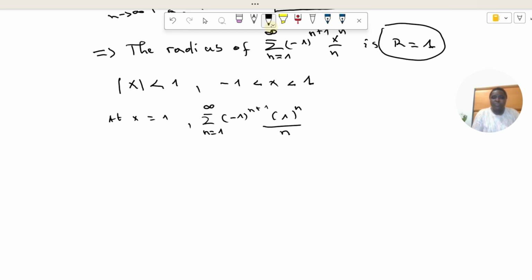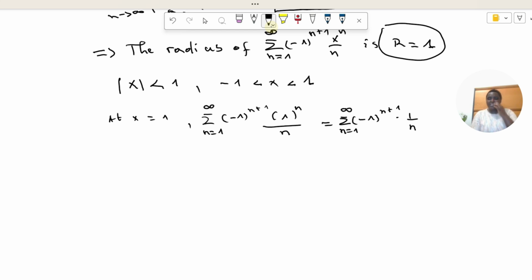So this is equal to the summation from n equal to 1 up to infinity of (-1) power n plus 1 times 1 over n.